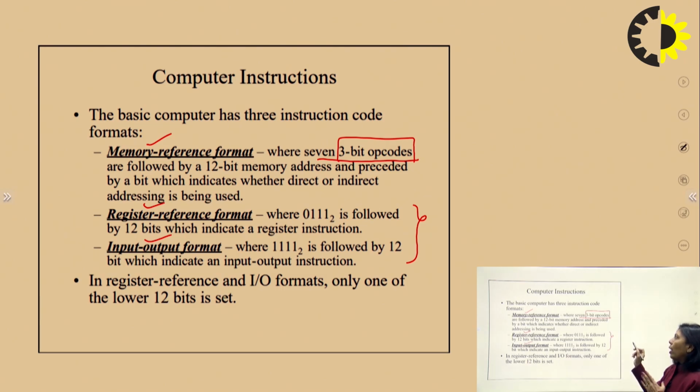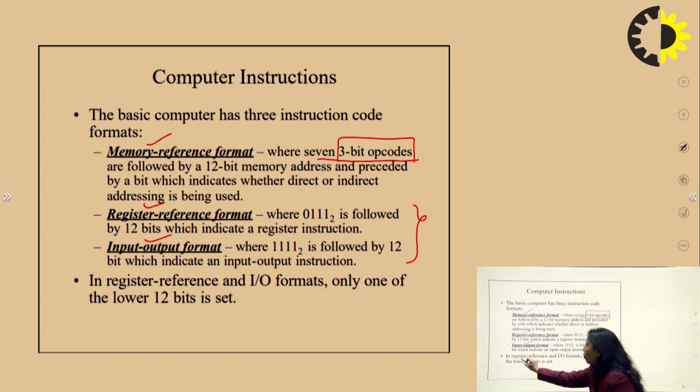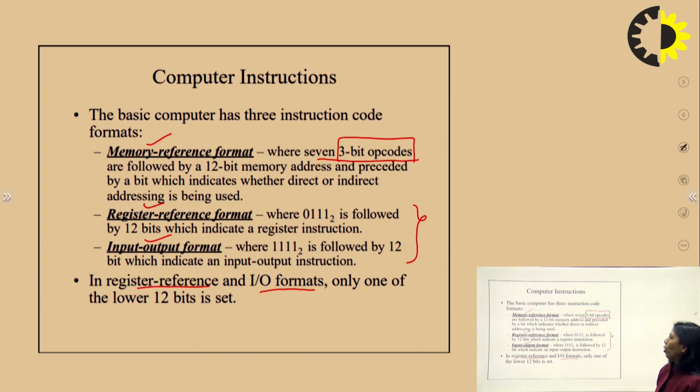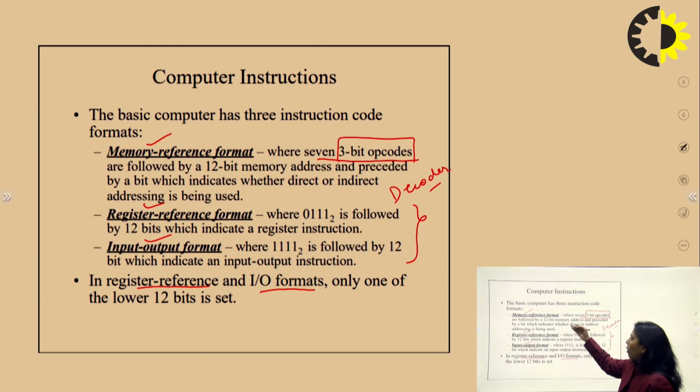Once we are done with this identification, whether it is memory or these two, further by looking at the last bit, we can say whether it belongs to the register reference or to the input-output format. For this, we need to identify the opcode, and we need a decoder, of course, so that it can be well identified which of the formats it is.